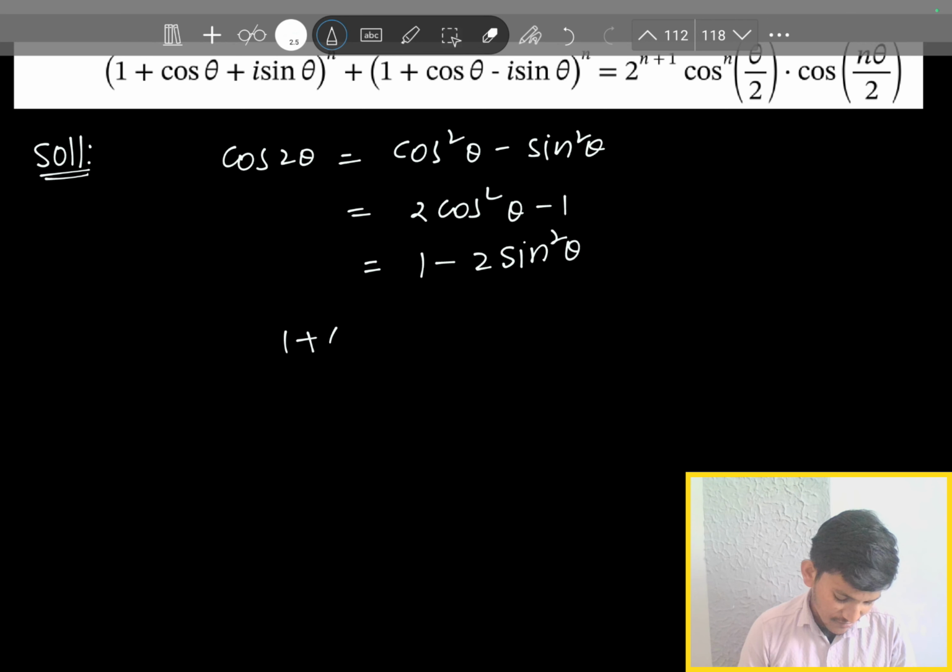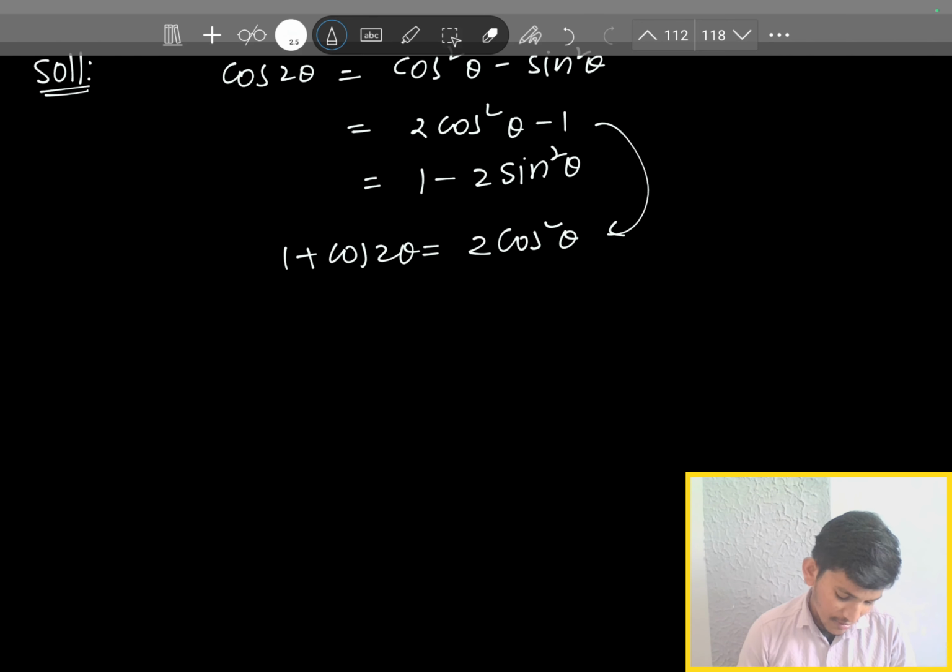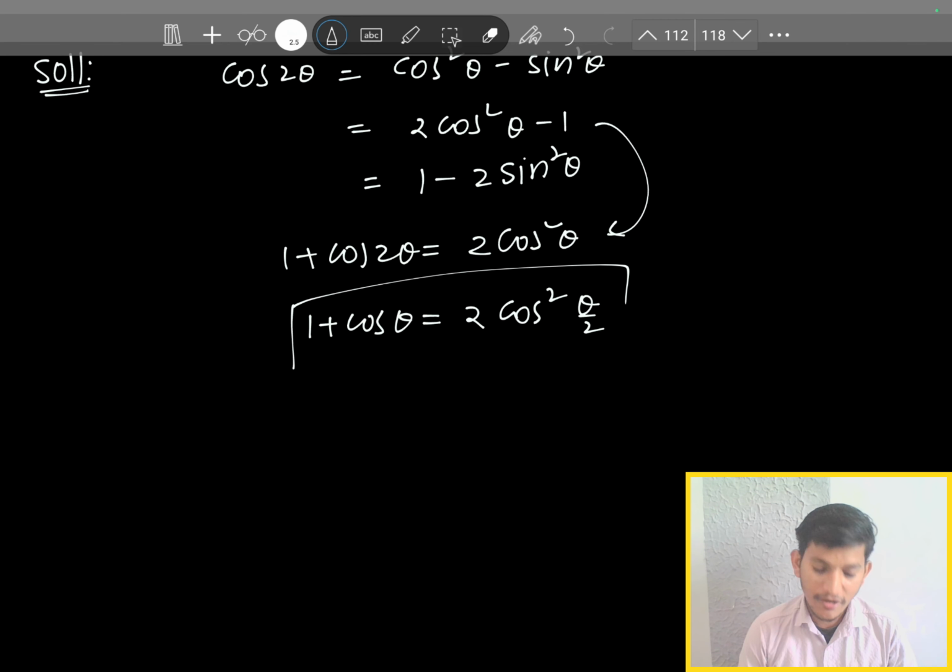From this half angle formula, 1 plus cos 2 theta will be equal to 2 times cos square theta. So when using the half angle formula, 1 plus cos theta, I write it as 2 times cos square theta by 2.